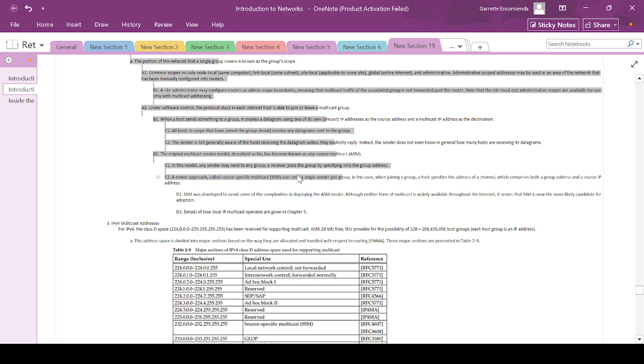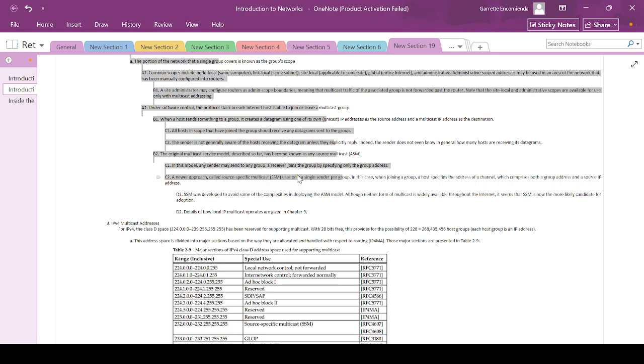So let's say you have this link local scope and it joined a site local group, so any datagram sent to that group will be received by all the hosts in the subnet.